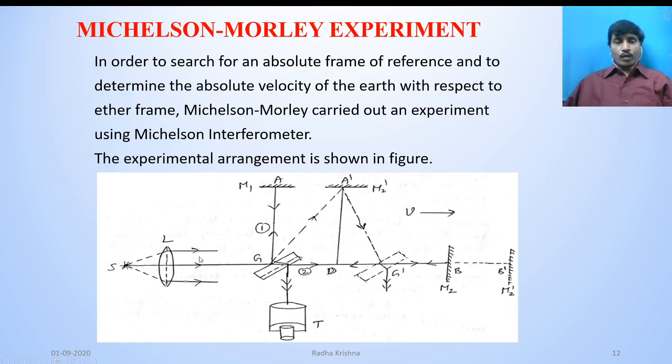The reflected ray 1 travels towards the mirror M1 and after reflection at M1 it moves towards the glass plate G. The transmitted ray 2 moves towards mirror M2 and after reflection at M2 the light ray moves towards glass plate G. At the glass plate G, the two rays 1 and 2 interfere and produce interference fringes.